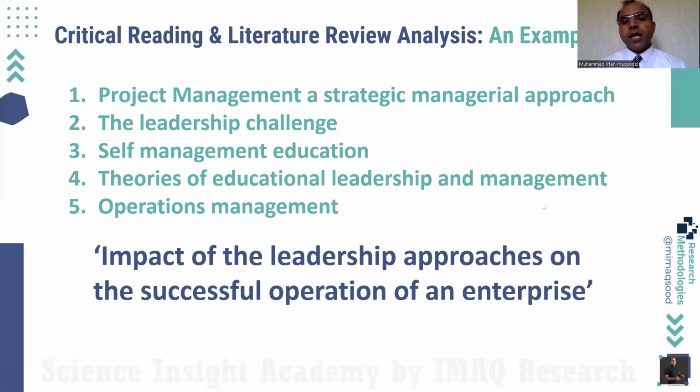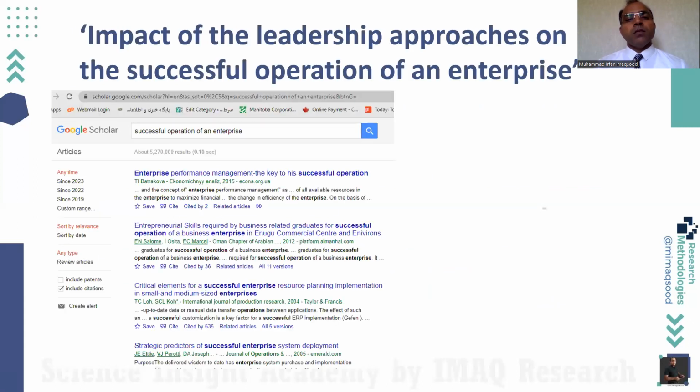When we have the title, we go for the second section of the critical readings, searching the keywords, meaning the successful operation of an enterprise. So I started to read a lot of papers. For example, when you put successful operations of an enterprise on Google Scholar, you find a lot of papers, for example, published in 2015, cited by two. This is not an important paper.